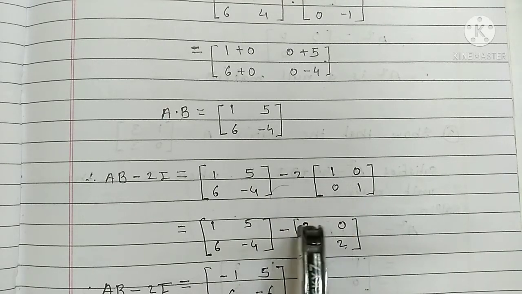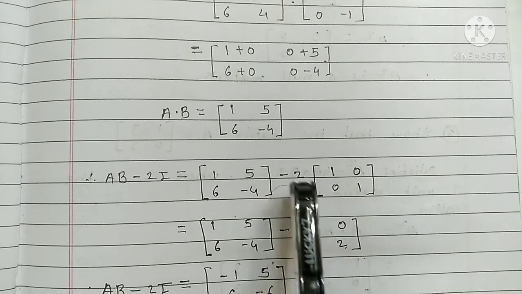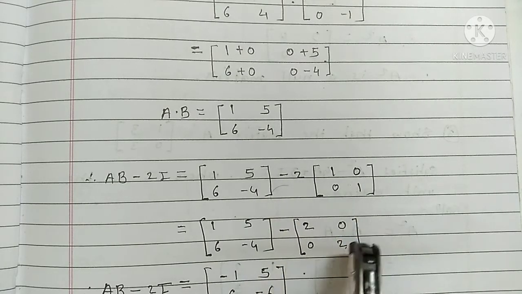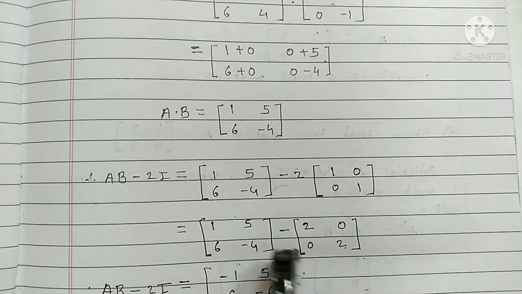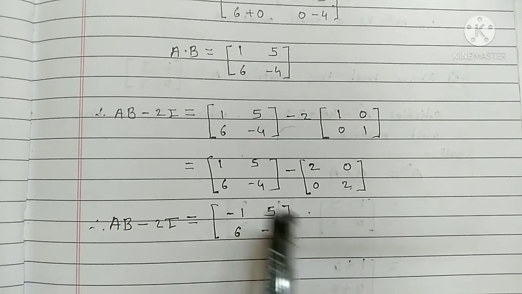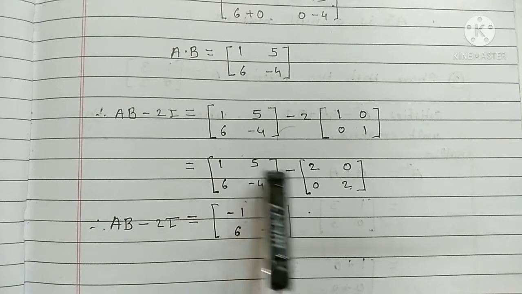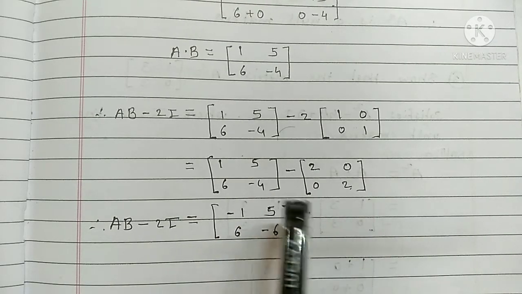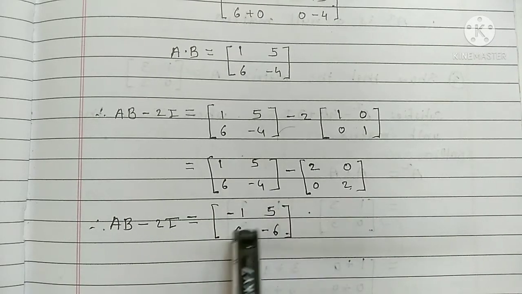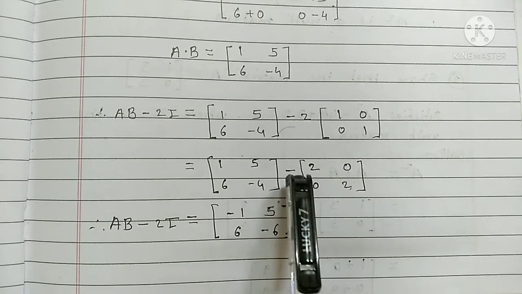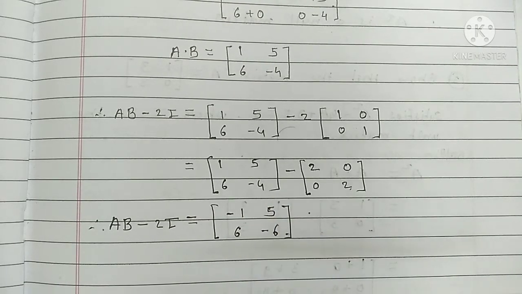So, 2 into 1, 2, 2 into 0, 0, 2 into 0, 0, 2 into 1, 2. Then, we will subtract. So, 1 minus 2 is minus 1, 5 minus 0 is 5, 6 minus 0 is 6, 4 minus 2 is 2. So, this is our AB minus 2I.